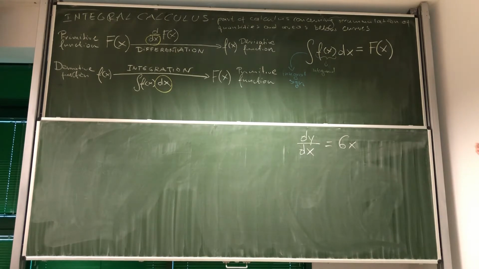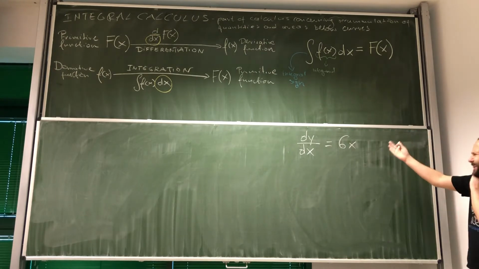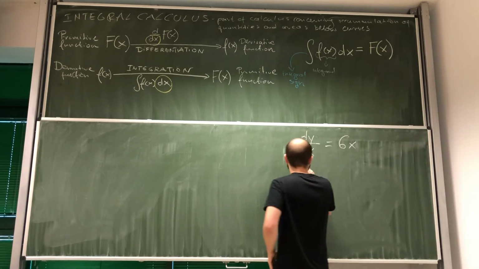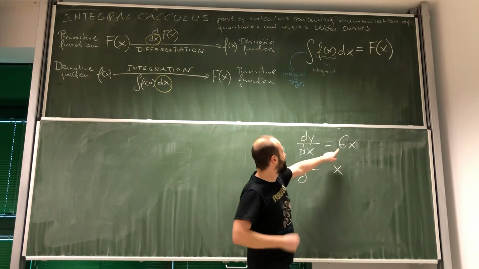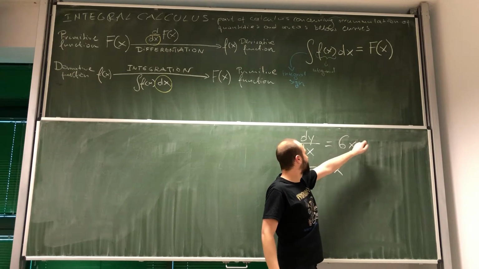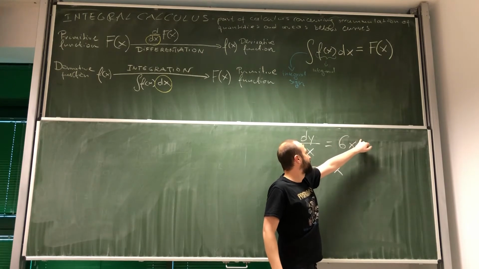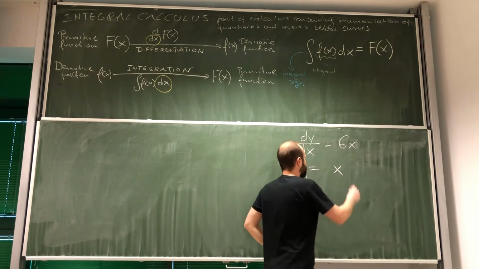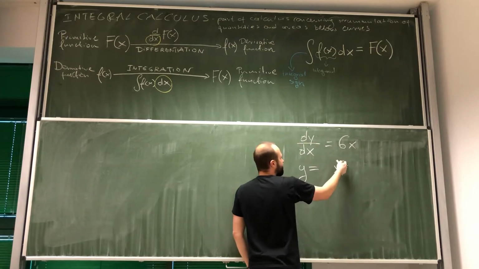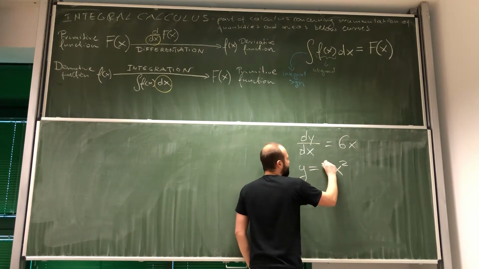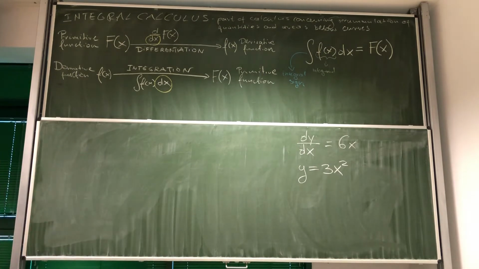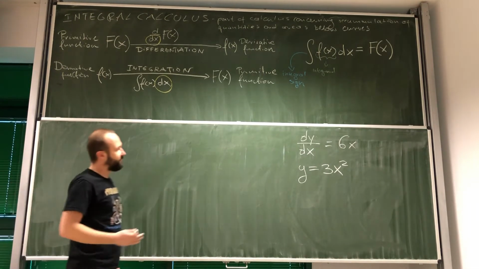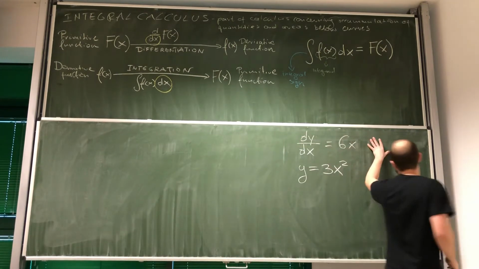Well, look, because we know how to perform differentiation, we can easily guess that. Definitely we're going to have x. And when we differentiate, we take from the power minus 1. So here we've got 1, here needs to be 2. Then we take this 2 and multiply up front, so we needed to have 3 over here, right? Because the derivative of this clearly is 6x.